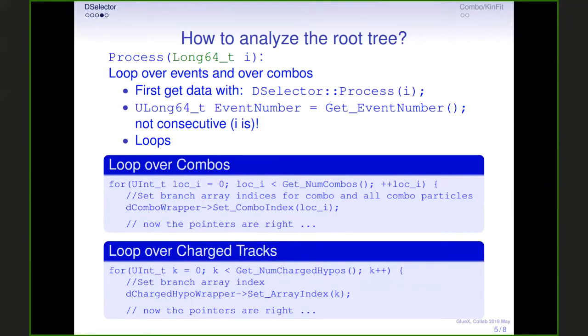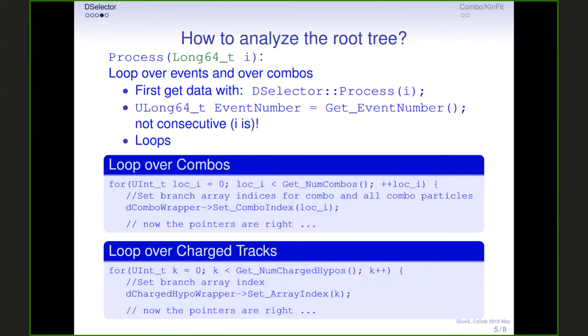All right. Now, for example, instead of looping over combos, you could loop over the number of charged tracks you have in your root tree for a given event. That you could do, for example, with something like that. Again, you get the number of charged hypos, and then you have to set the pointer for the, remember this, I said this is an array, but it's more than that, it has methods.